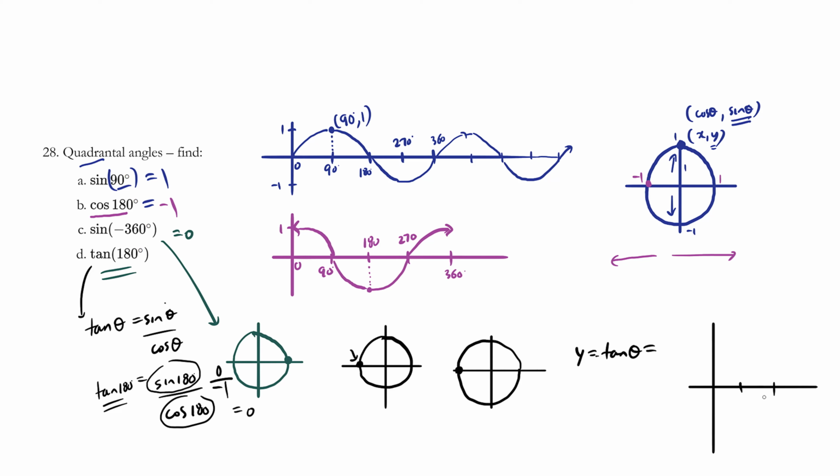The period of tan is 180 degrees. We'll say 90 degrees and 180 degrees. And there's a vertical asymptote every 2 teeth. So the next vertical asymptote is 270, and we can go to negative 90 degrees, and there's another vertical asymptote here.